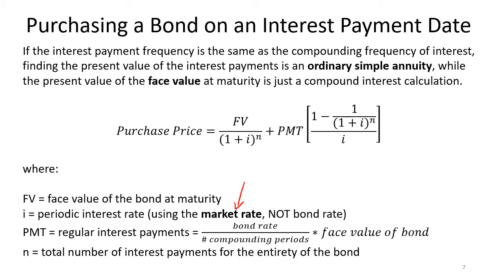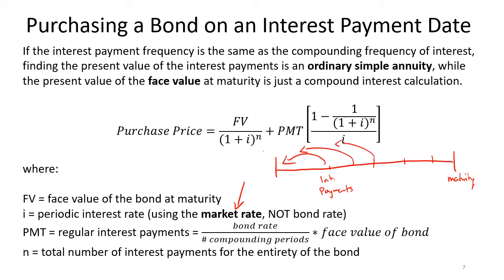Okay, when we talk about periodic interest rate, remember, going back to our timeline, money is worth something at every period in time. So when we're going from the maturity date, and then periodically we have these interest payments, when we're discounting that back to today, we're using the market interest rate, right?